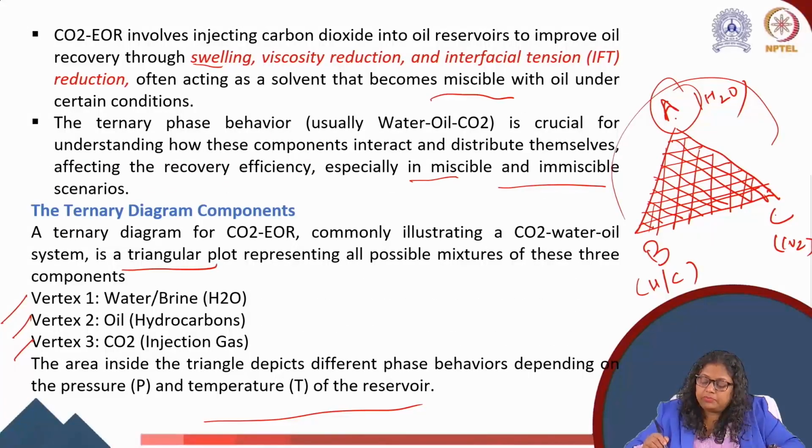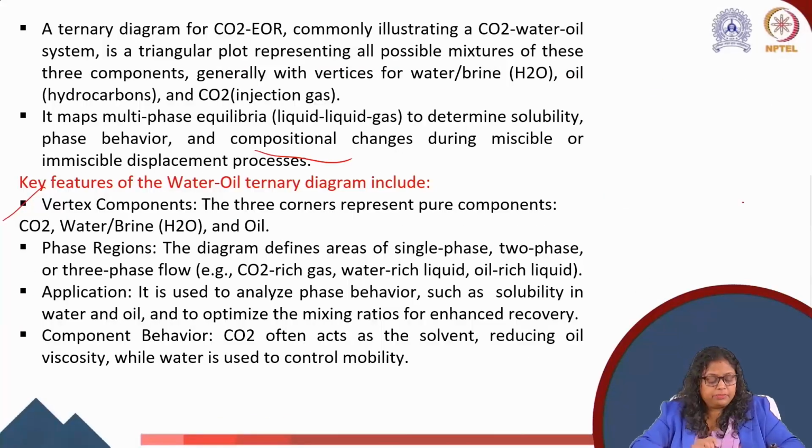These three vertices A, B and C represent the pure components. Then we have the phase regions. This diagram defines areas of single phase, two phase and three phase flow. It is used to analyze phase behavior, which we call solubility in your water and oil, and to optimize the mixing ratio for your EOR.